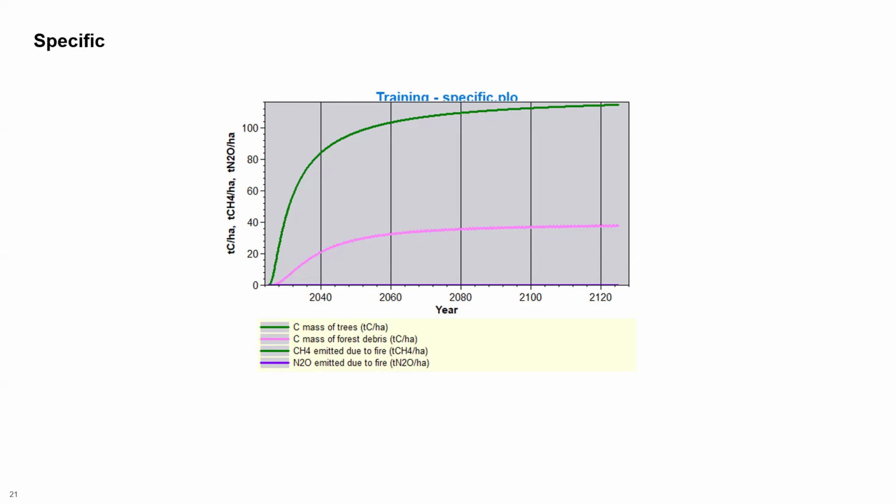All the methods that use FullCAM have specific ways of doing that, but basically you take the mass of trees and the mass of debris, add them together. That gives you the tons of carbon stored in your CEA. Multiply that by the magic 3.67 number. That gives you the CO2e that has been sequestered.